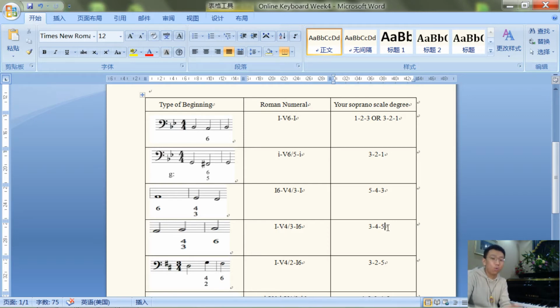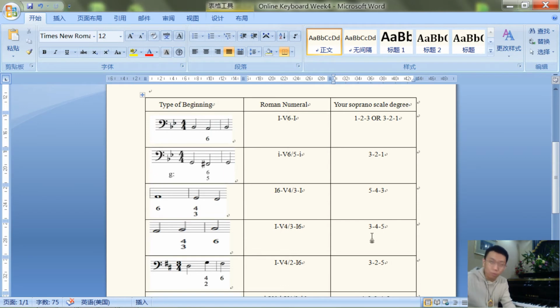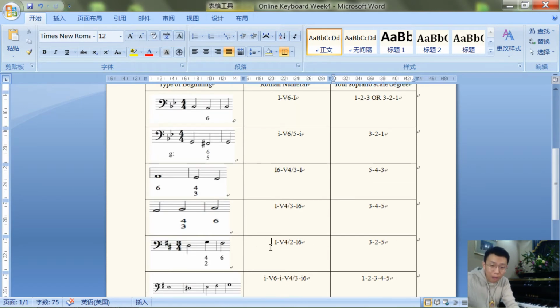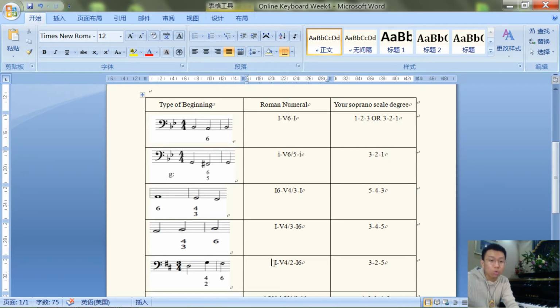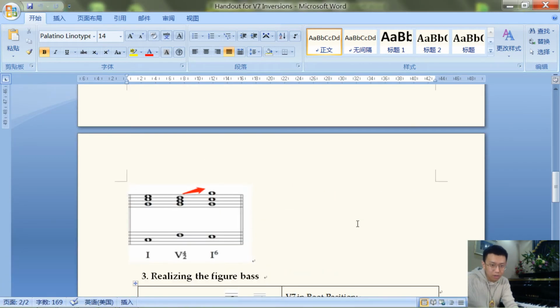Okay, I highly recommend this, because in the final, there are lots of places where you should consider how to play the 1-5-4-3 to 1-6. Okay, the next one, sorry, I'm a little bit fast, but hopefully you can catch it. Next there's 1-5-4-2 to 1-6. That's a similar issue to what we taught last week.